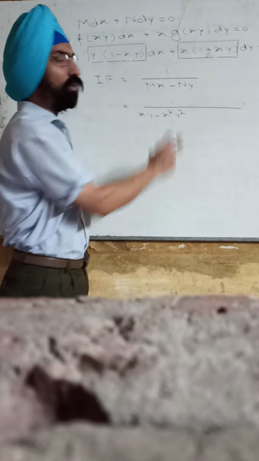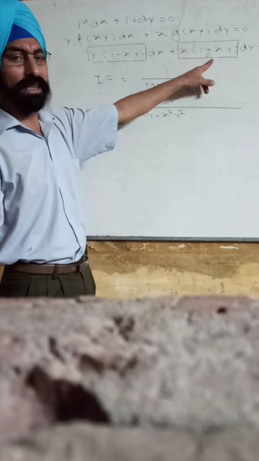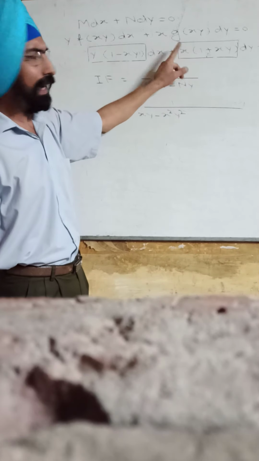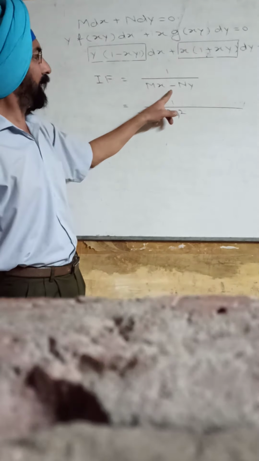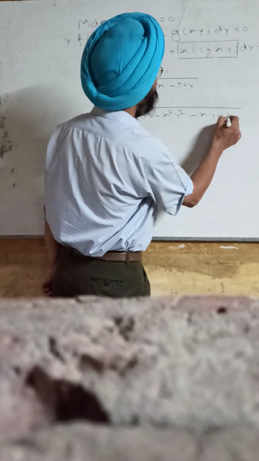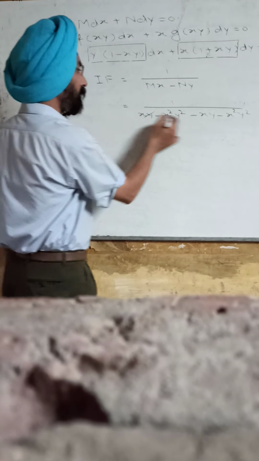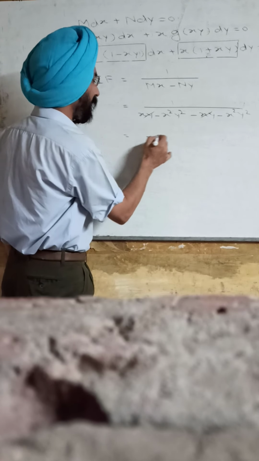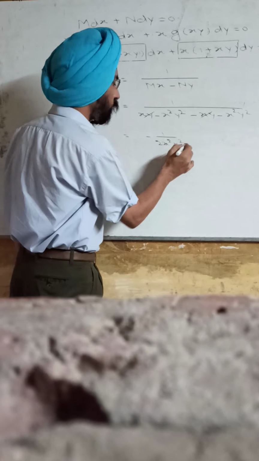And minus Ny. This is your N, x(1 plus xy). When you multiply by y, you will get here xy, and opening the bracket, and keeping in mind this minus sign outside, you will get minus xy minus x square y square. This xy term cancels out, and here the integrating factor is minus 1 upon 2x square y square.